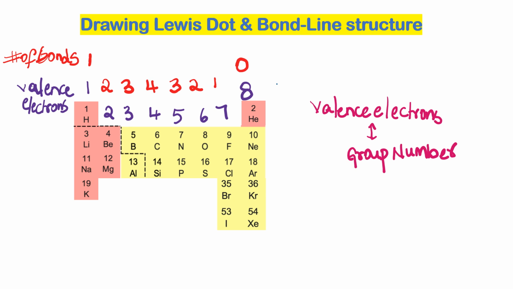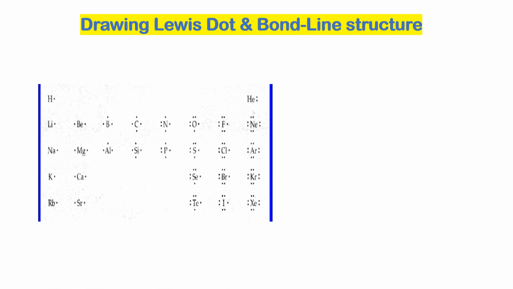And here let's first draw the Lewis dot structure of the atom. That is just putting the number of valence electrons around the atom. If you see this table, we have the group number, or the valence electrons, around the atom. For example, let's consider carbon.